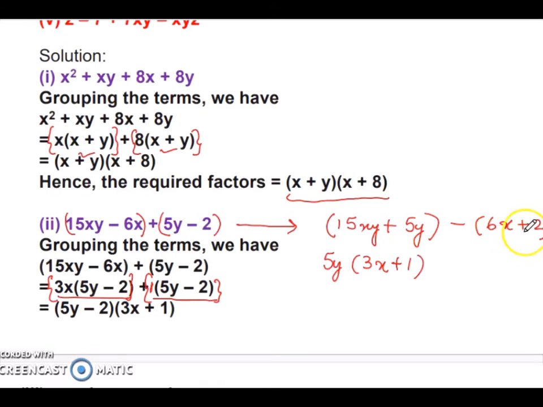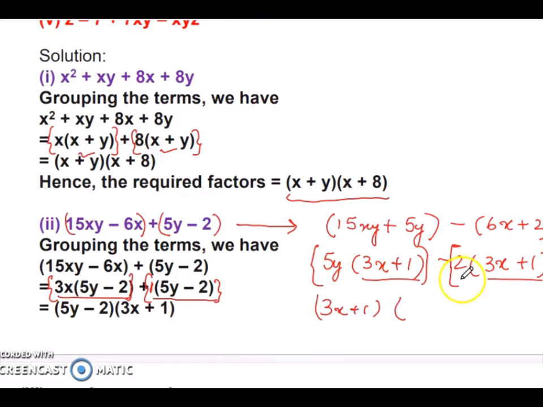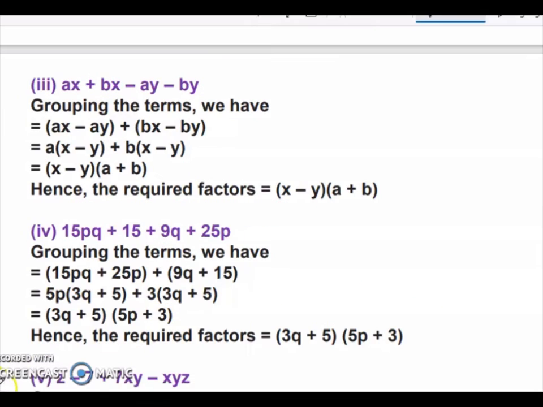And between these two, I can take 2 common, so minus 2 into 3x plus 1. Now if you see, this is one group and this is another group. Between these two groups, I have 3x plus 1 common. So if I take 3x plus 1 outside the bracket, within the bracket I will get 5y minus 2. So this is same as this.